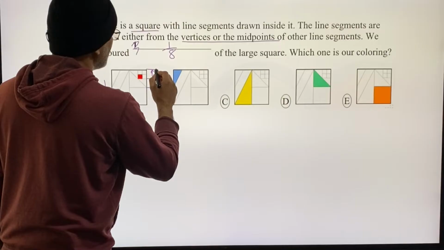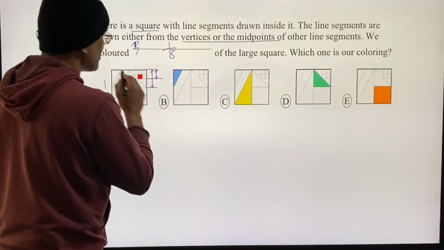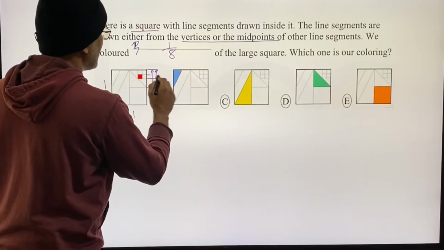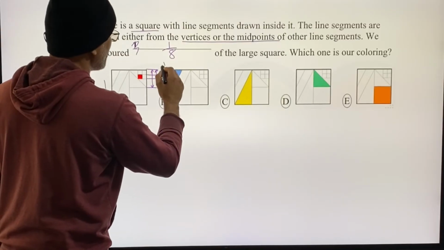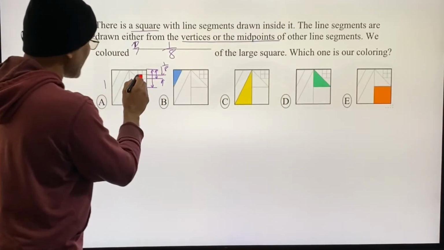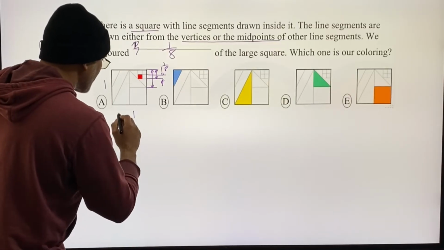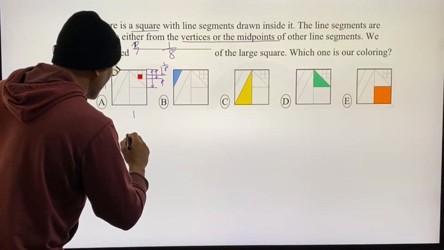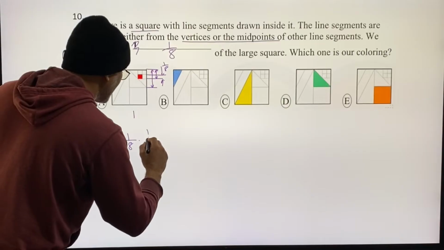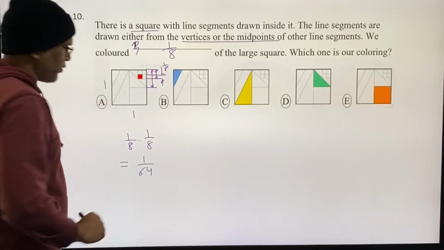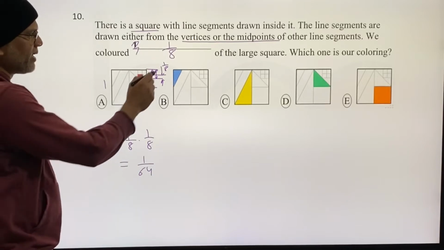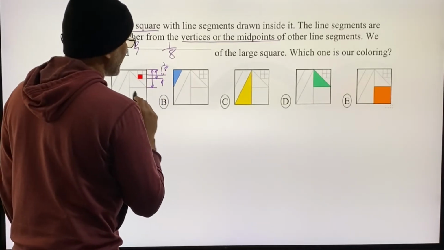Then this is half of that, so that is going to be 1/4. And then this is half of that, so this is going to be 1/8, right? So the area of the red square, it is a square, so base times height. Base is 1/8 times height is 1/8. So this is 1/64.